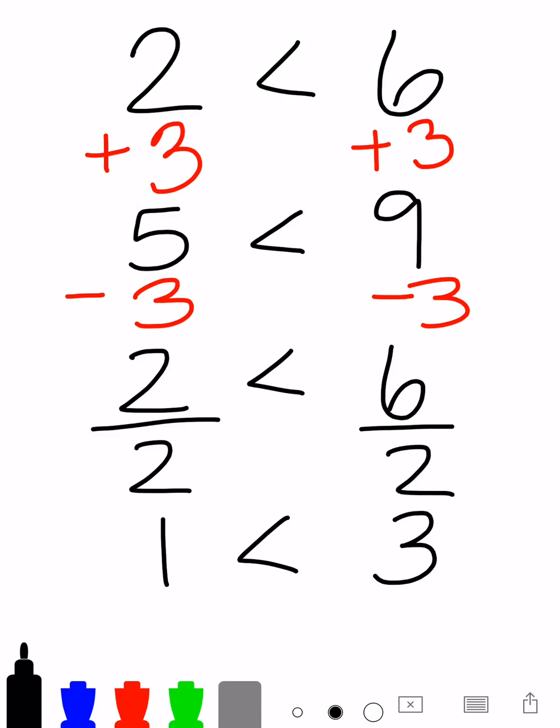That's indeed still a true statement. So if I add, subtract, or even divide by a positive number, it still will give me a true statement. There is only one rule to inequalities that you have to know.